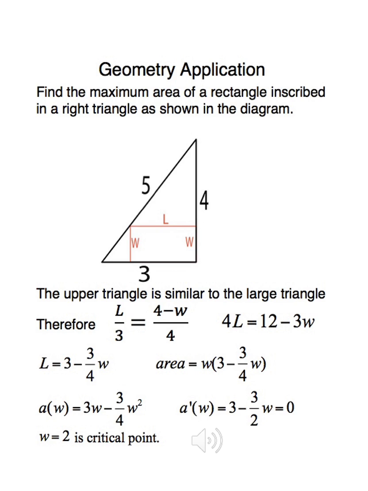To do this problem, as is often the case in these word problems, what you really want to do first is come up with a formula for the area that only uses one variable. We know that the area of a rectangle is length times width, which is two variables.